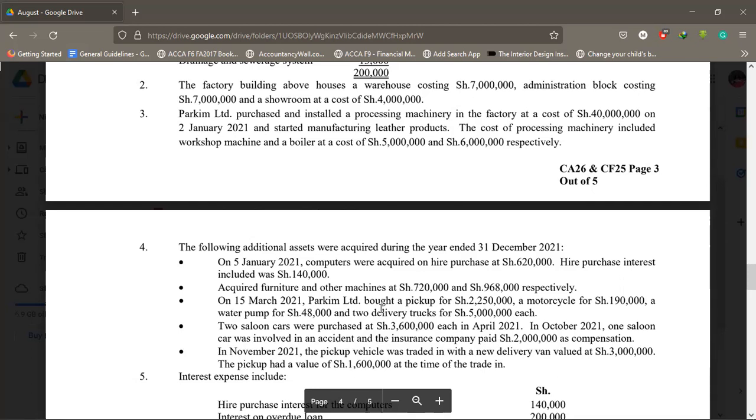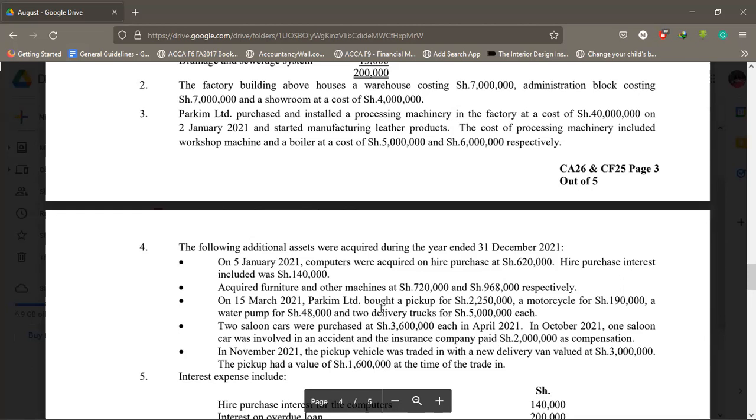Acquired furniture and other machines at shillings 720,000 and shillings 968,000 respectively. On 15 March 2021, Pakim Limited bought a pickup for shillings 2,250,000 and a motorcycle for shillings 190,000, a water pump for shillings 48,000, and the two delivery trucks for shillings 5 million each.